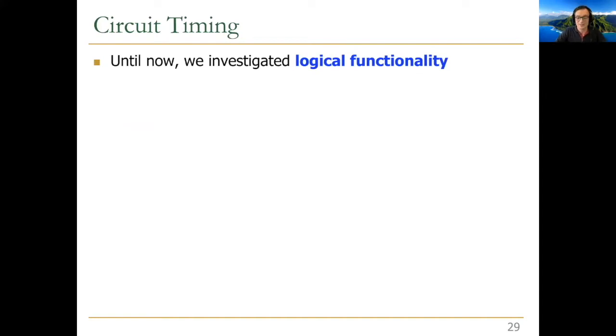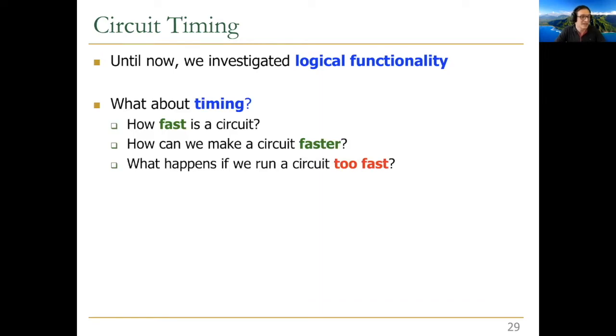Until now, we talked about functionality of circuits, right? In fact, some of you asked questions in the last lecture related to timing, and I said let's defer that until later, which is today. So far we concerned ourselves with the logical functionality, but timing is also a critical component of a circuit. How fast is the circuit? How fast can we get the output after we apply the inputs?